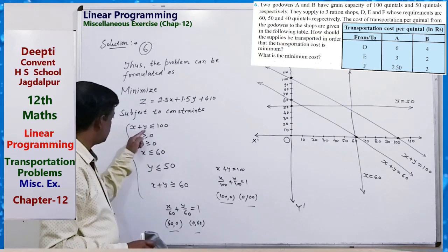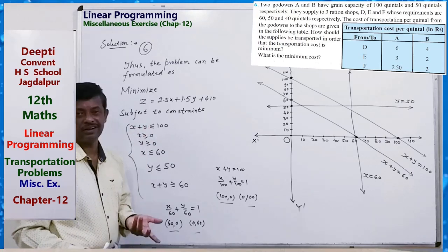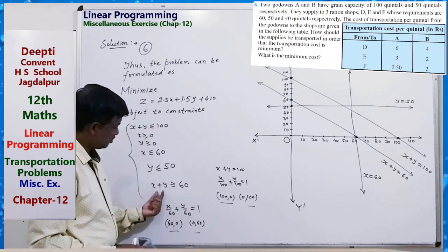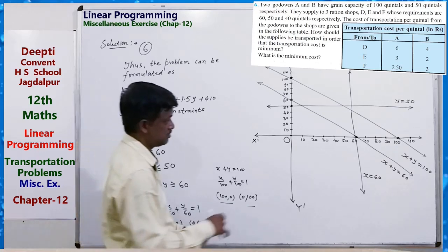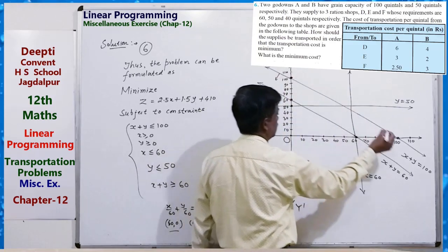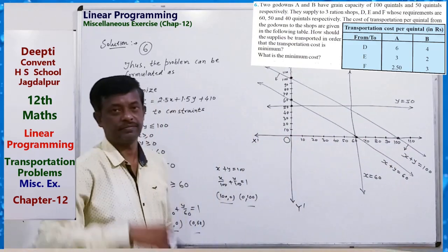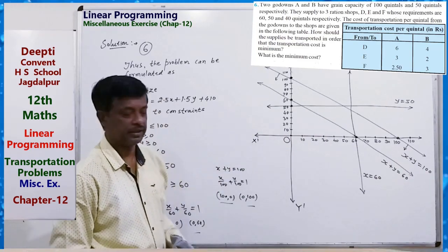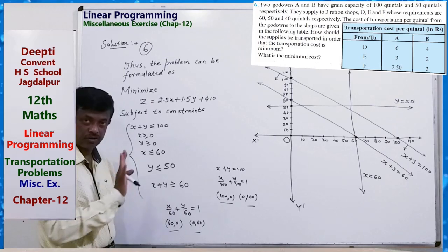So 0 plus 0, origin, gives 0 less than or equal to 100, right? So the solution side is the side where the origin lies. And for this, 0 plus 0, 0 greater than or equal to 60, is wrong.